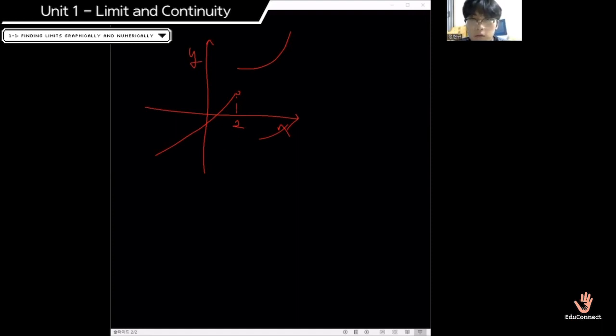Well, if you look on the left side, when we get closer and closer to x equals 2, we can see that the value of the function is approaching 1. Now, if it approaches x equals 2 from the right side, as we get really close to 2, the value of the function is getting closer and closer to 3.